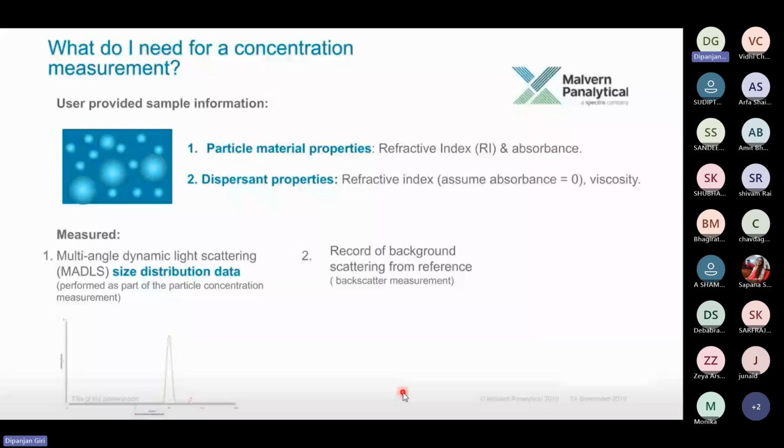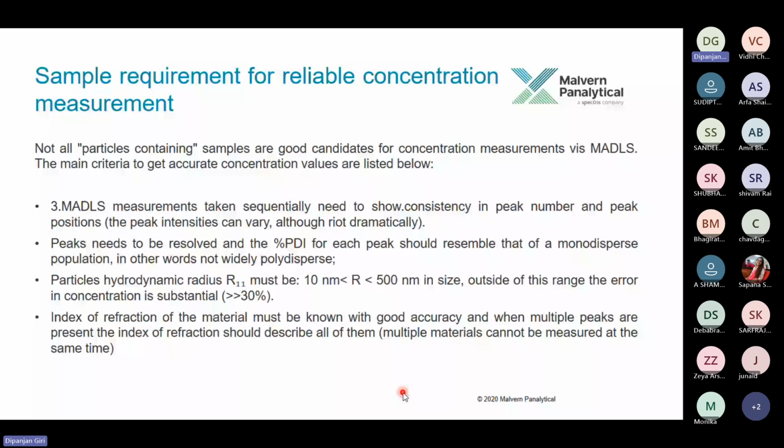You record the background scattering from the reference, and yes, definitely the sample requirement for reliable concentration measurement is tricky. Not all particle-containing samples are good candidates for concentration measurement with the MATLAB system.